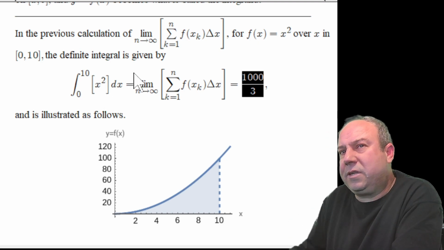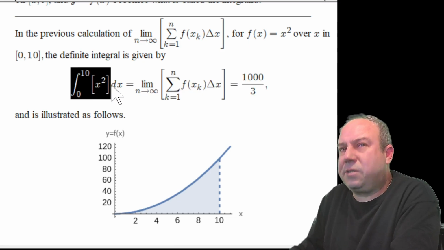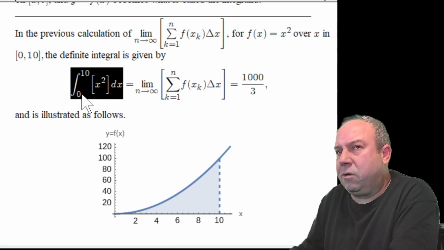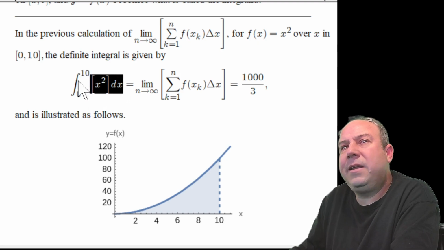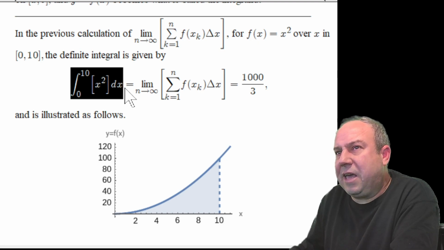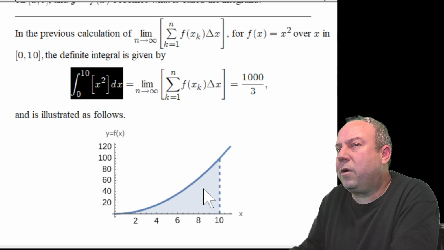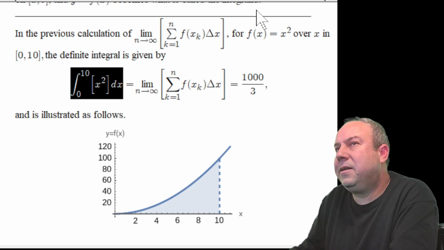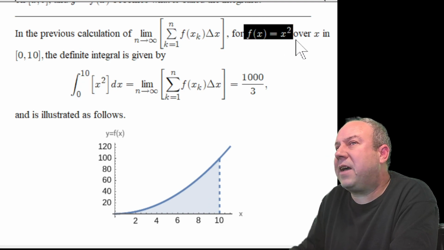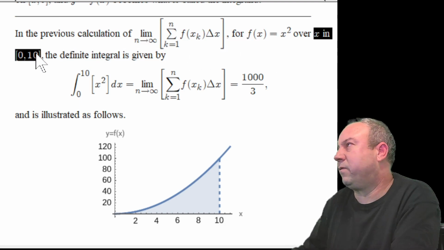That's all equivalent to that limit of the Riemann summation that we set up and calculated earlier, which is nothing more than the definite integral calculation from 0 to 10 for x squared dx, right? What we might think of at the moment is this is a shorthand way of asking for this area for the case of f of x equals x squared over x in this interval from 0 to 10.